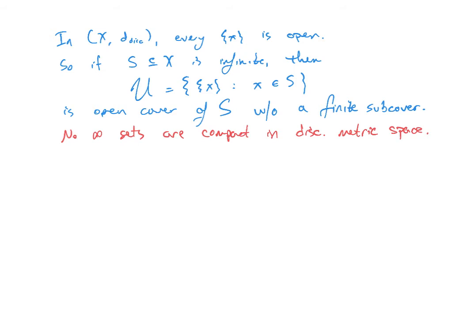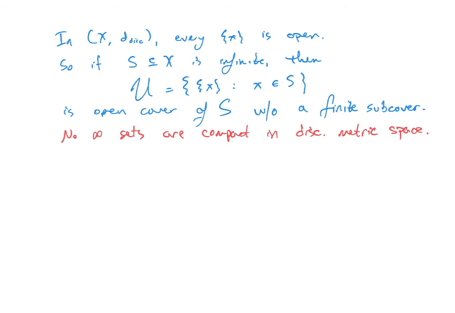Yep, that's correct. Finite sets are compact. In fact, finite sets are compact no matter what metric space you're in. It doesn't need to be discrete. Finite sets are automatically compact.